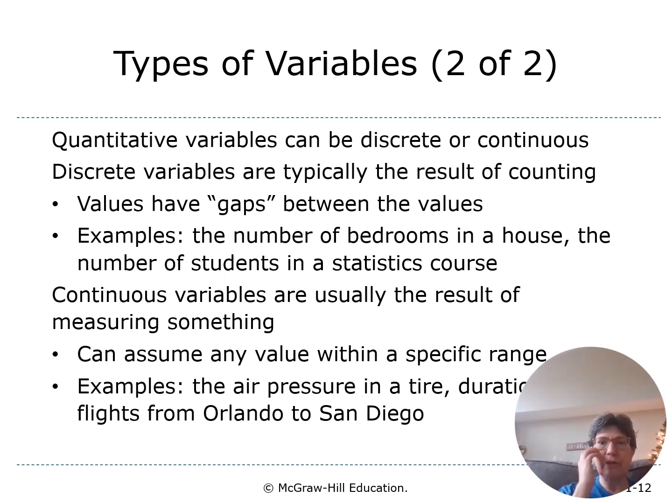There are values throughout, from 0 to whatever the endpoint is. Things like tire pressure or duration of flights. There can be any number of data points between the beginning and the end, whereas with discrete, there are segments of values, and they are discrete, not continuous.